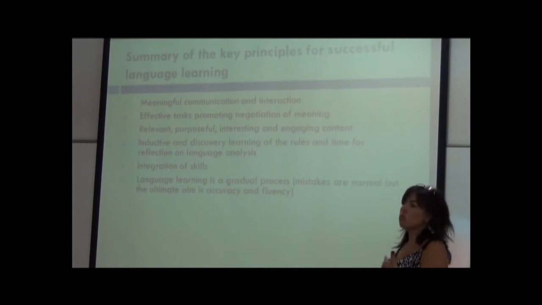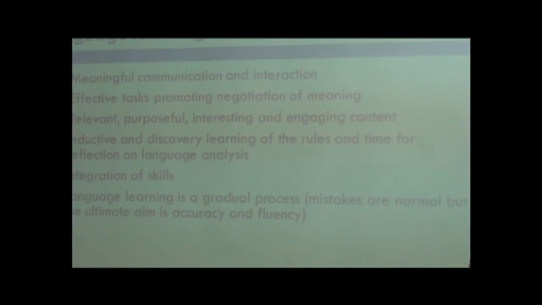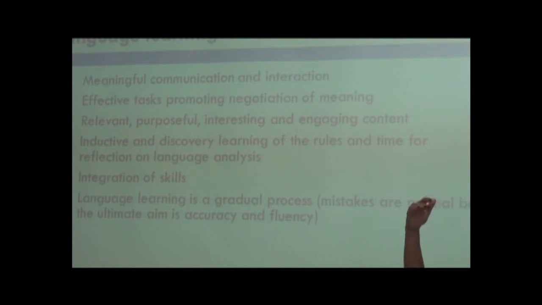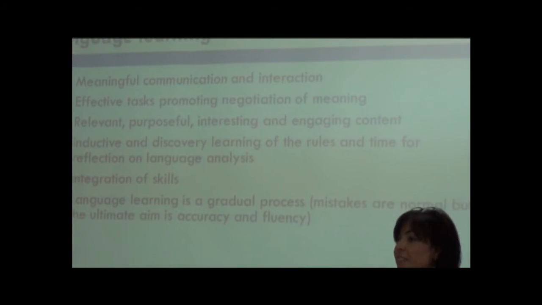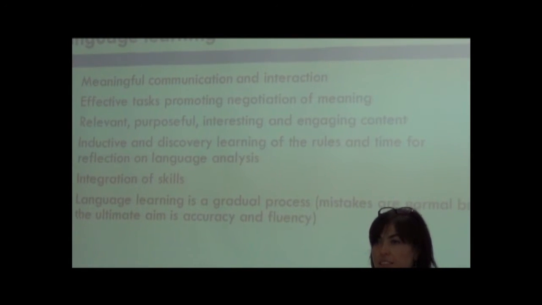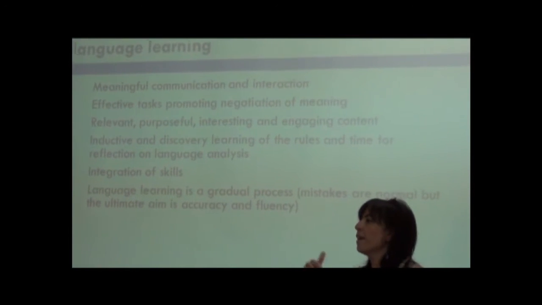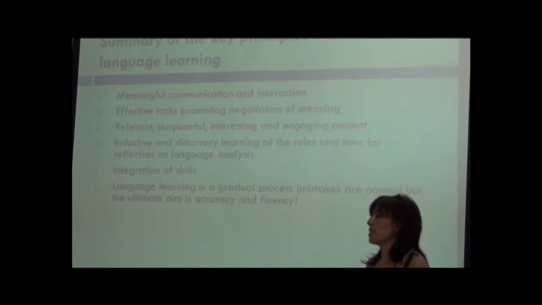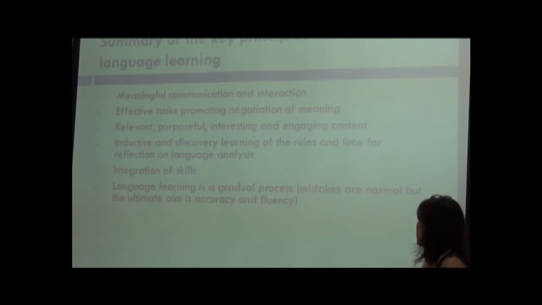Language learning is a gradual process. This is very, very important. It goes slowly, so we cannot expect them to produce before we even give enough practice. We have to give it to them slowly, in gradual stages.